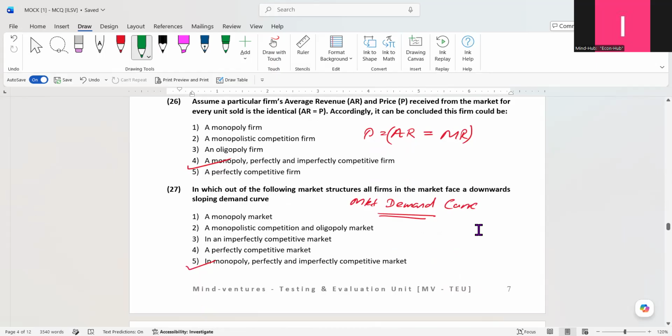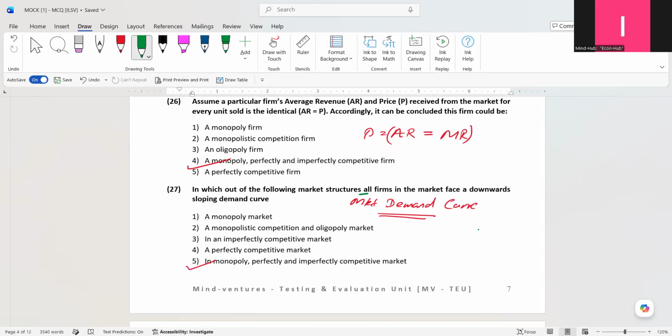27. In which of the following market structures do all firms in the market face a downward sloping demand curve? All the firms face a downward sloping demand curve, either it's monopoly, perfectly competitive or imperfectly competitive. Again, the focus is not on an individual firm.